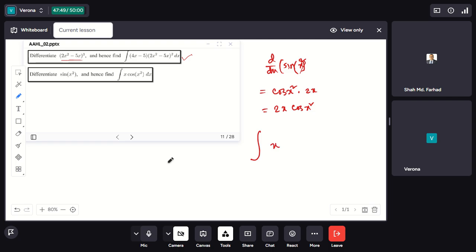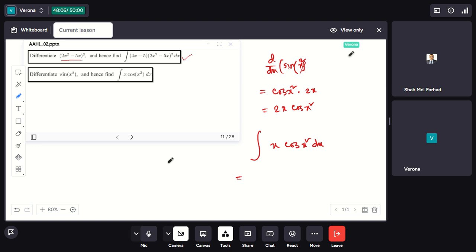Now look at the integral here. Here we have x cosine x square dx, right? Yeah, we use the antiderivative. Then what will be the process, how to calculate it?